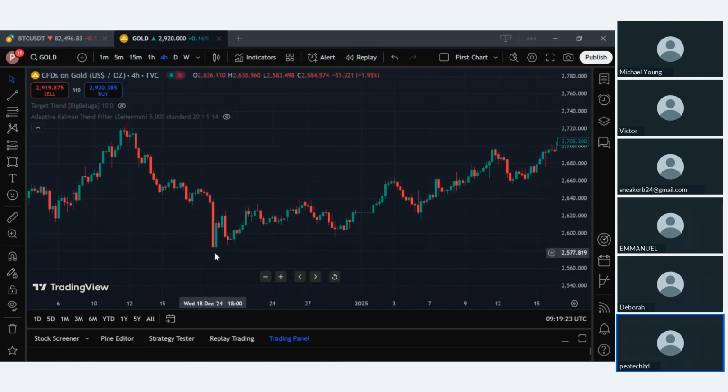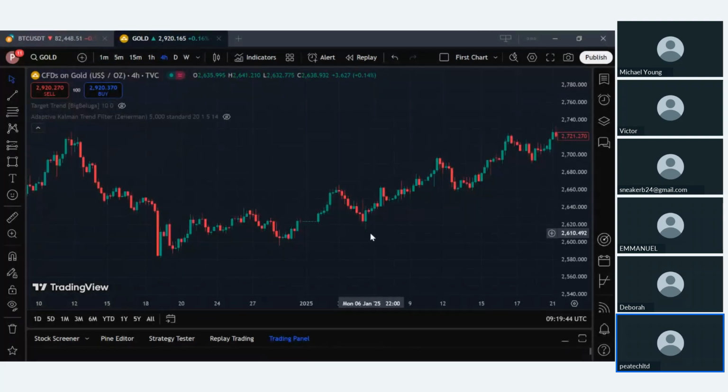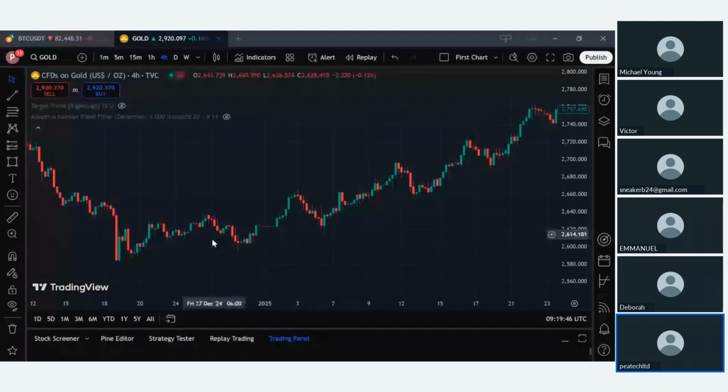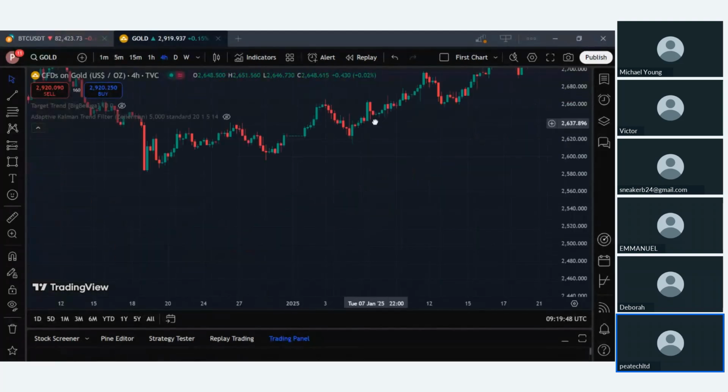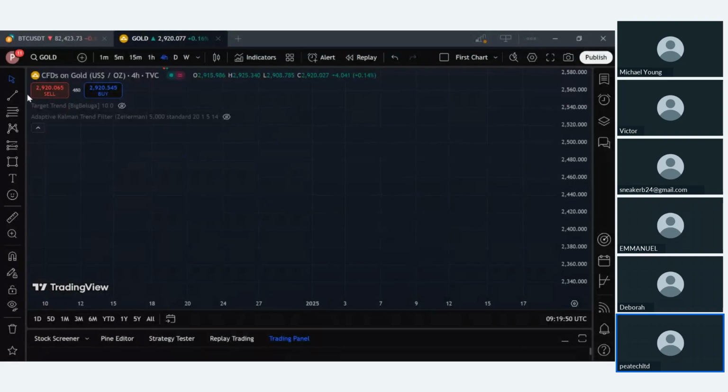This was a serious move, and the market moved down to this point. While the market dropped, the market started moving upward. But let's look at the demand zone.